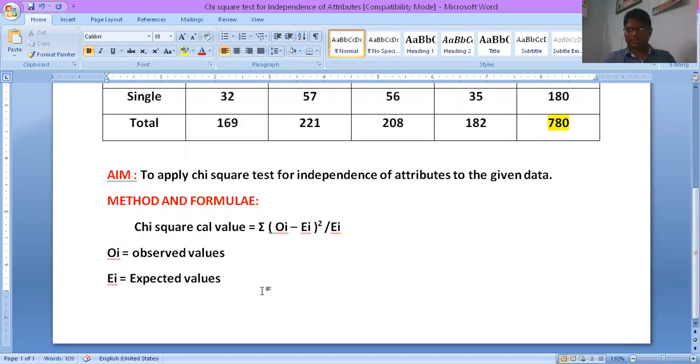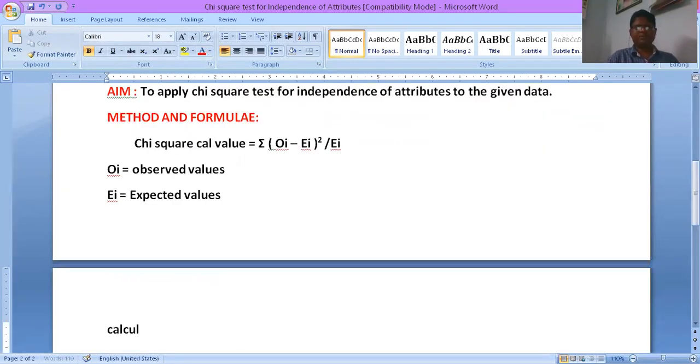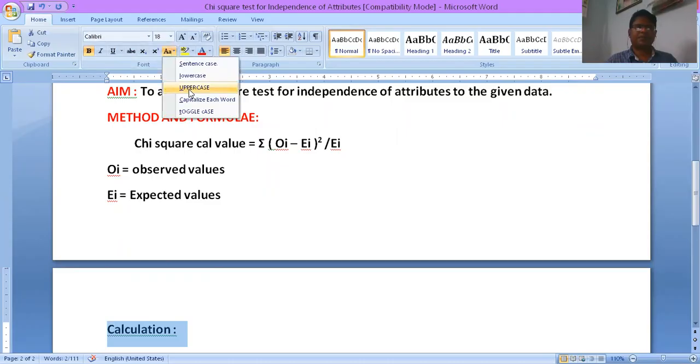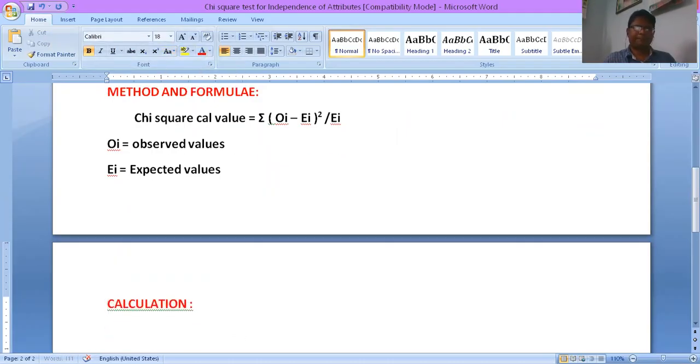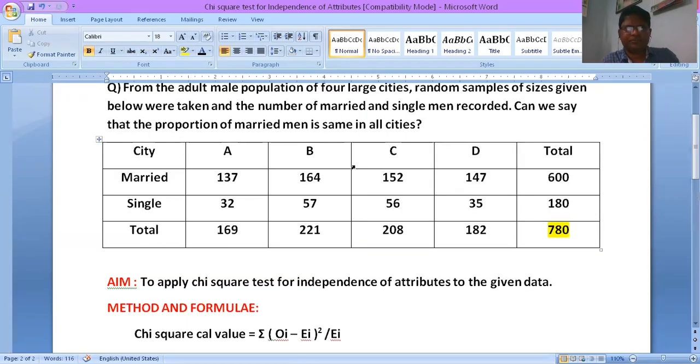Next, calculation. Start with the null hypothesis H naught. And what is H naught? So actually, what is the question?